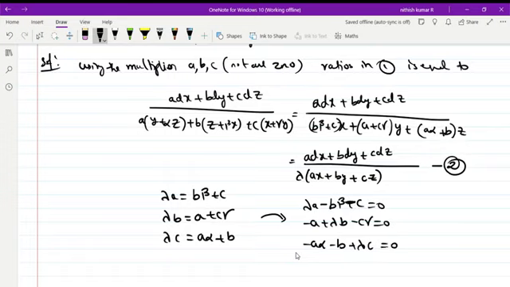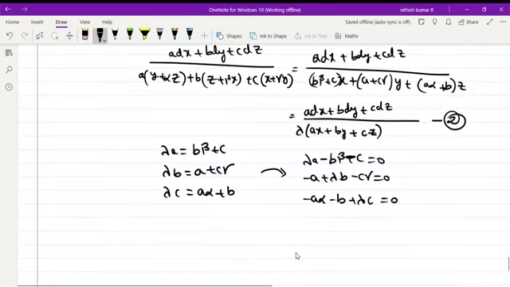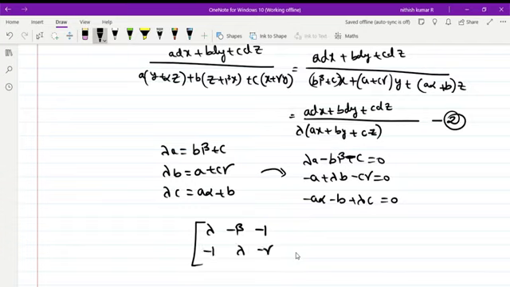Now if you observe, this is a system of linear equations in a, b, c. Using matrix form, I have lambda, minus beta, minus 1; minus 1, lambda, minus gamma; minus alpha, minus 1, lambda, times the column vector a, b, c, which is equal to 0, 0, 0.